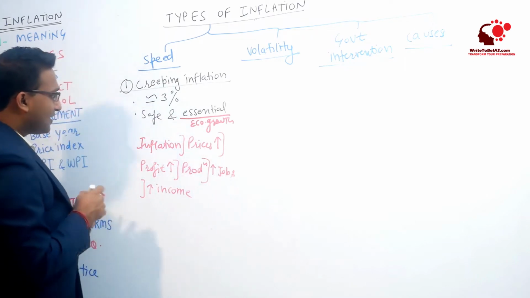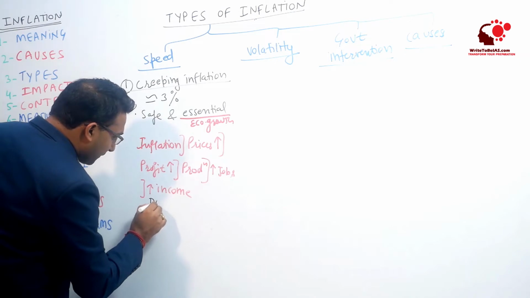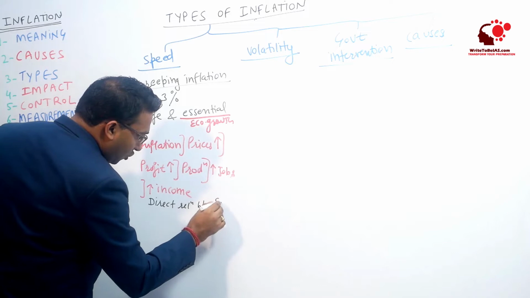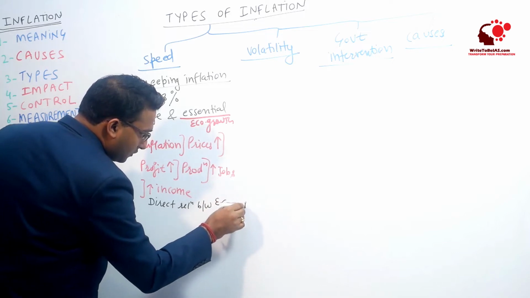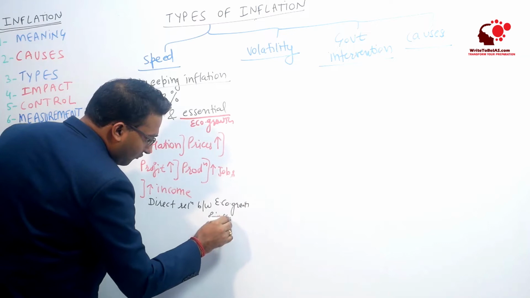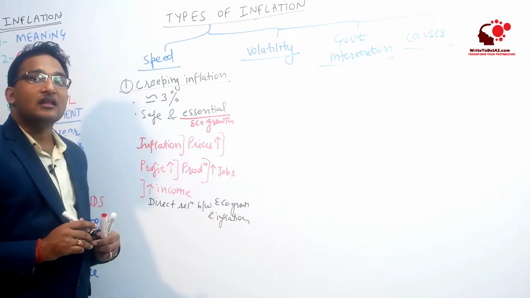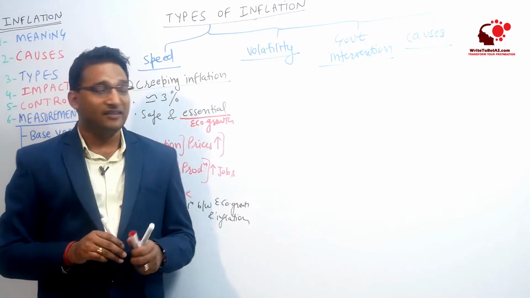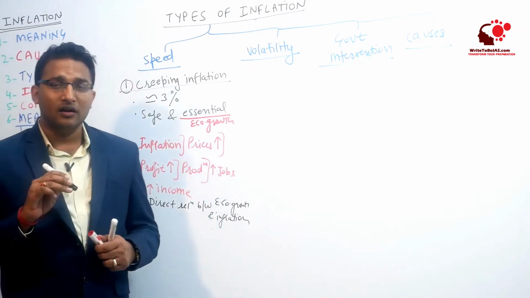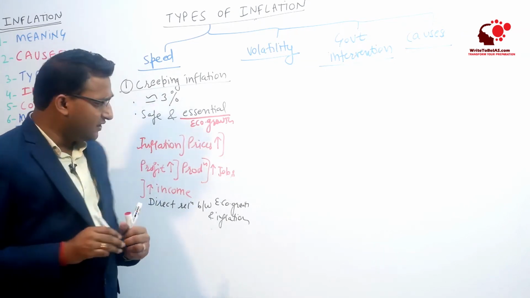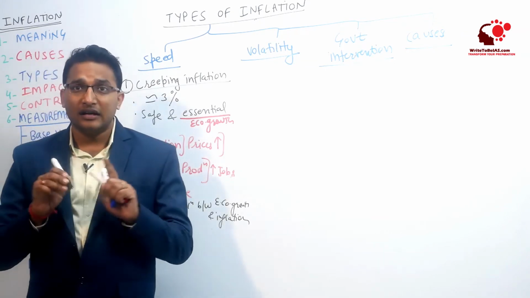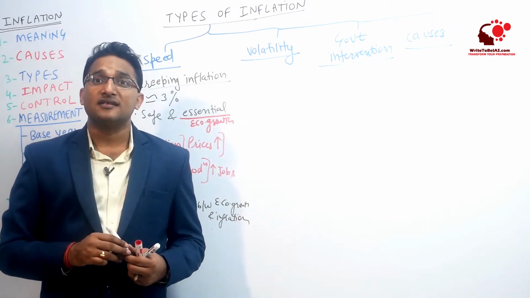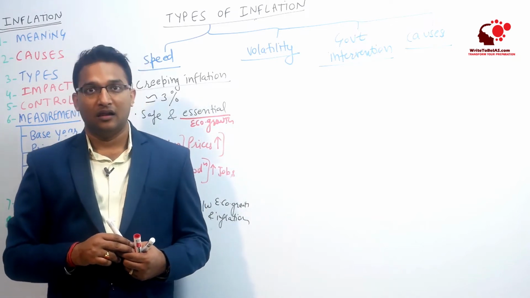So there is a direct relationship between economic growth and inflation. For economic growth to happen, a certain minimum essential inflation rate is required, and that is 3%. However, in the long term, if this inflation remains high, it is not good for economic growth, because it will adversely impact a large number of people.